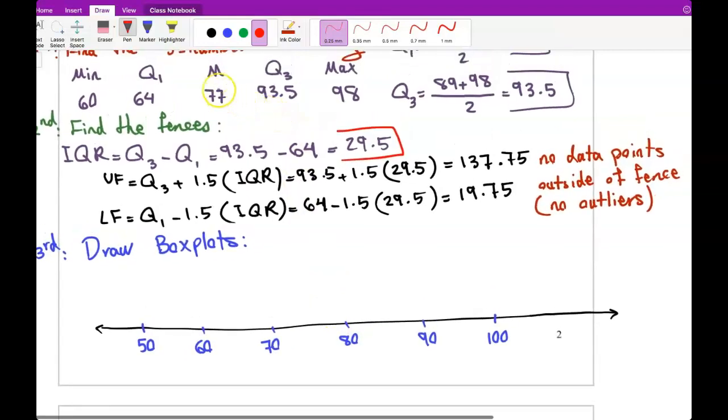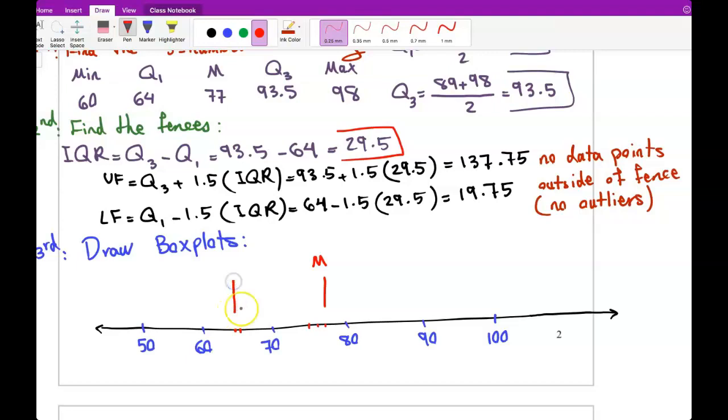So the numbers that we have, median is 77. So this is 75, 77. This one is 77. I'm drawing a vertical line. This is median. Now Q1 is 64. This is 65. And here is 64.